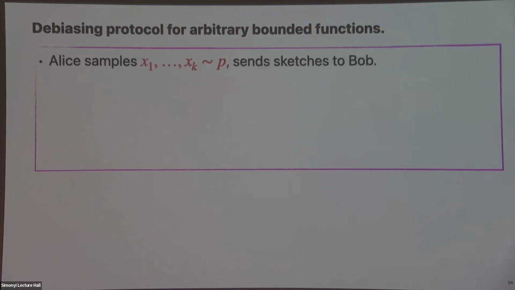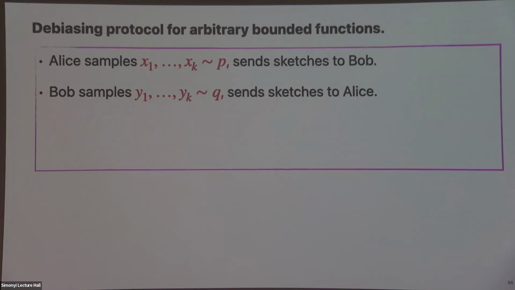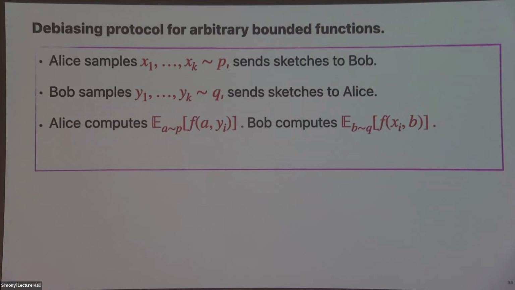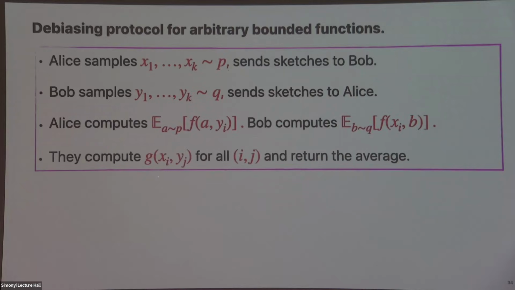Okay. So this gives us a debiasing protocol for arbitrary bounded functions where they sample x1 through xk and y1 through yk. They send sketches to each other. They compute these row and column-wise expectations, which we argued a sketch is good enough for that. This lets them compute the debiasing estimator for all pairs ij.